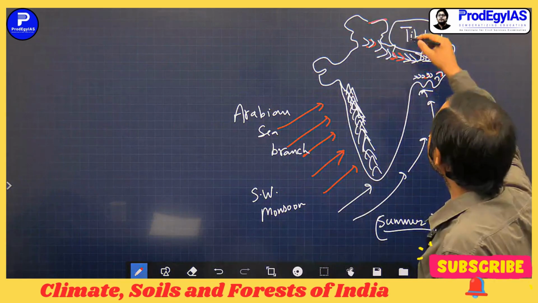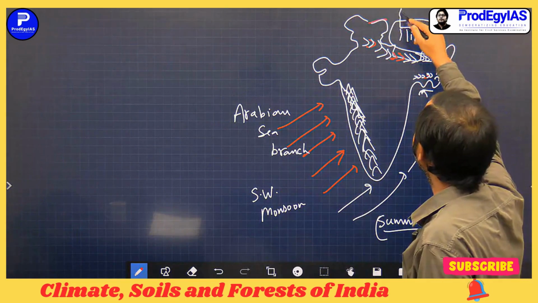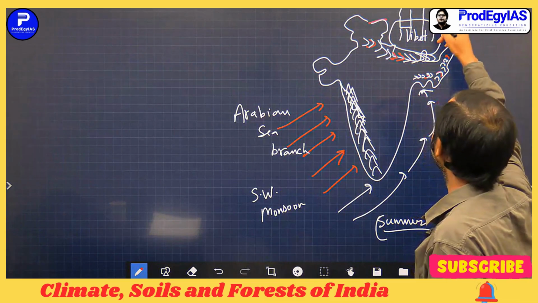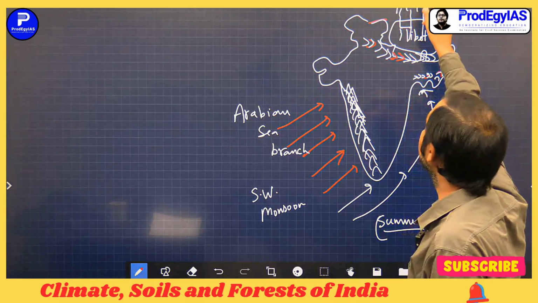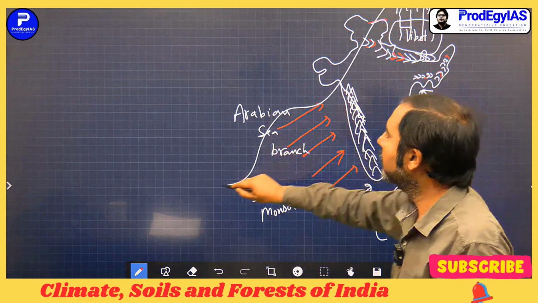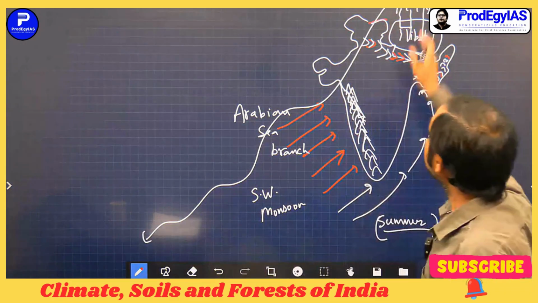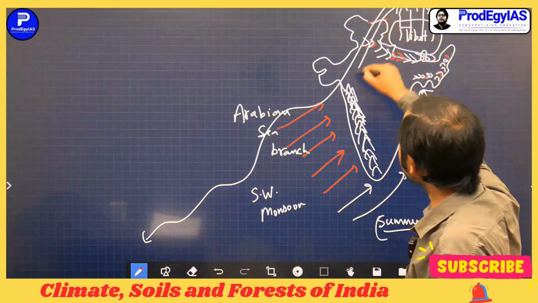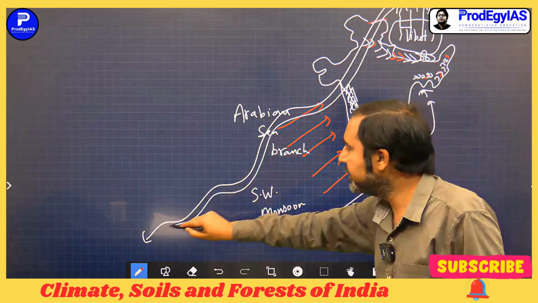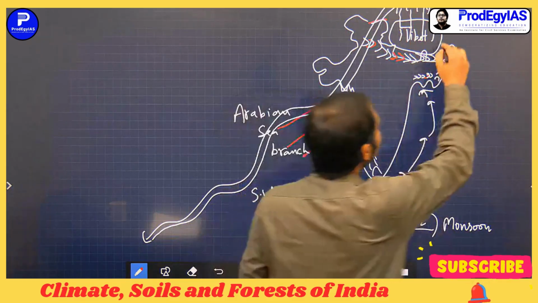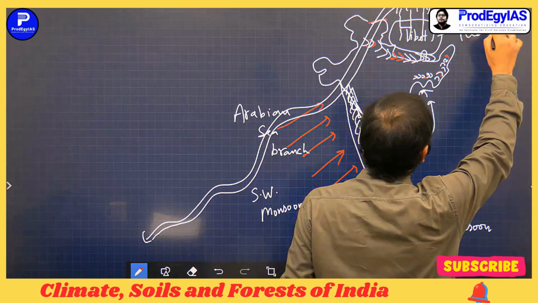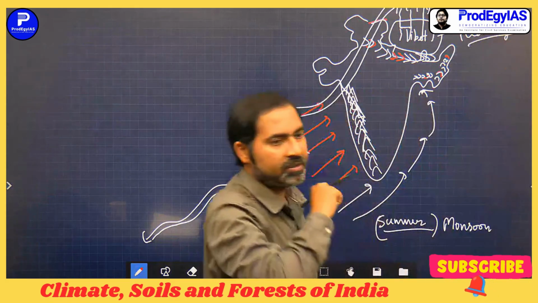In summer, it becomes very heated, and air currents rise in this manner. At the level of troposphere, this meandering jet stream arises because of the summer heating of this Tibetan high.